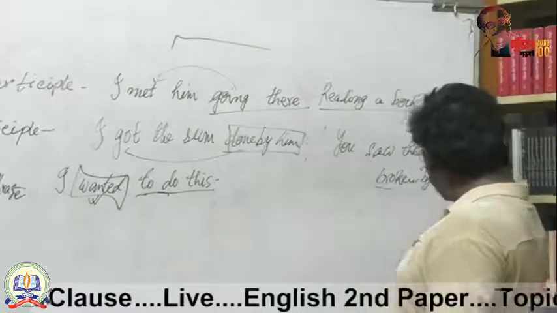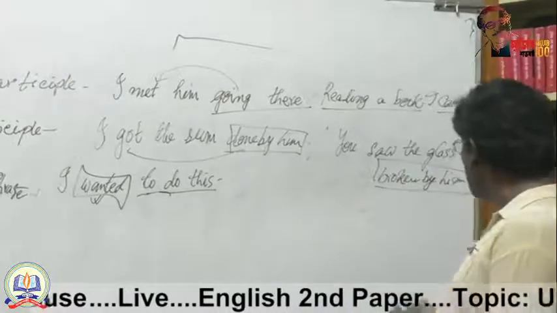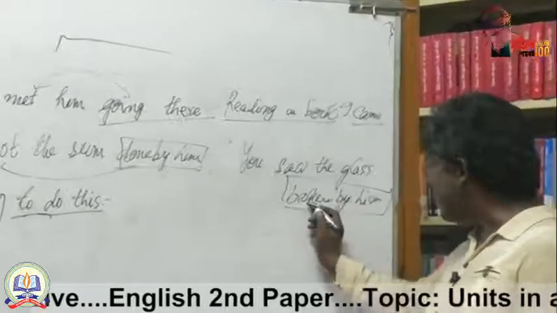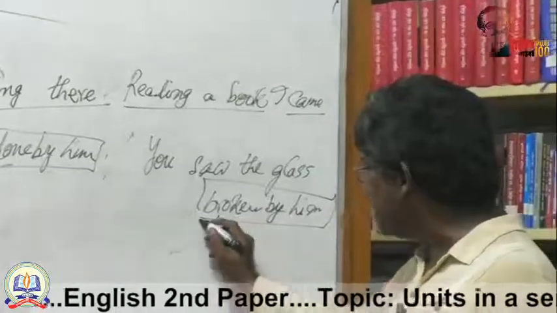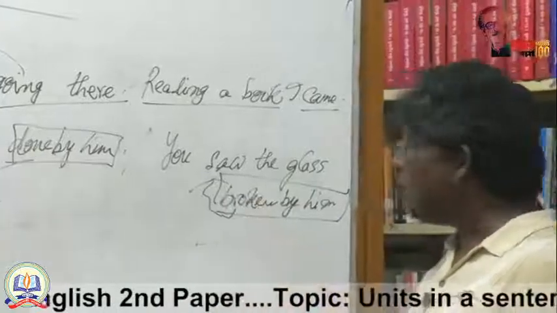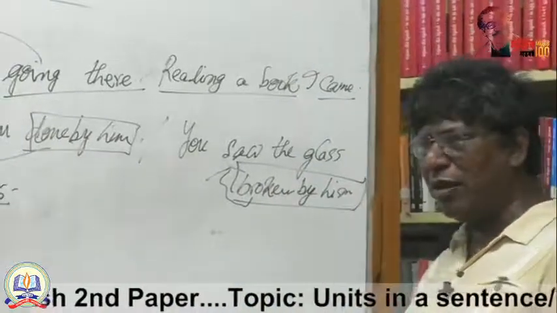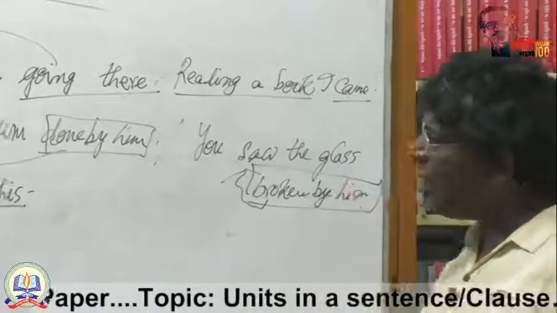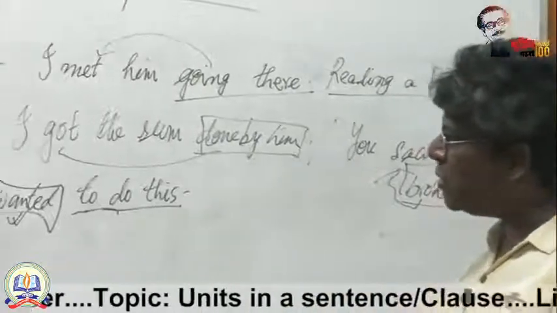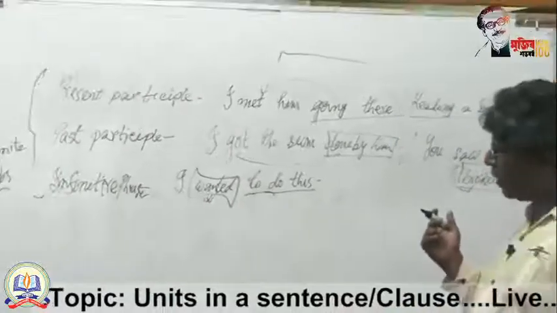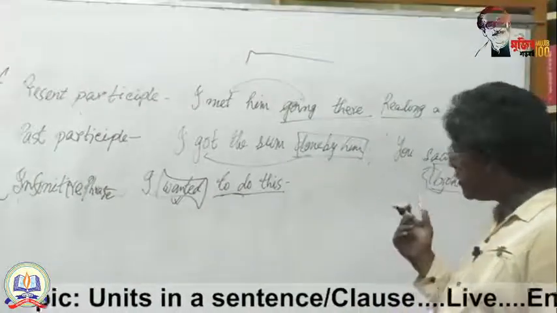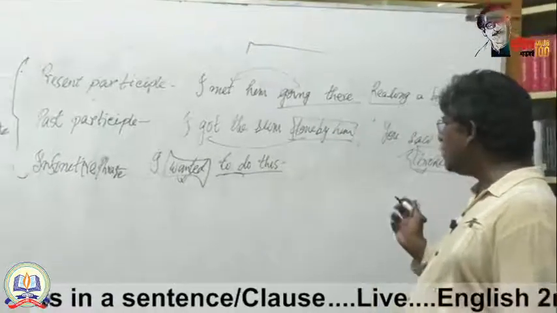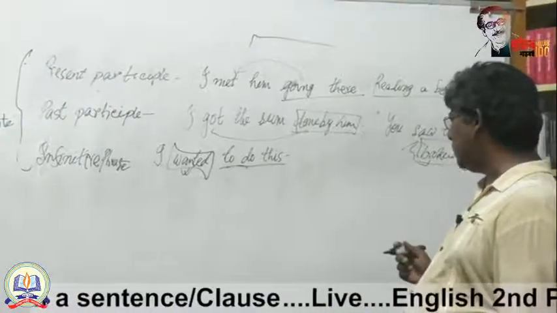We get another past participle, broken by him, as the extension in the sentence, and the verb broken is performed before the performing of the finite verb saw. Then we see the verbs in the present participle form and in the past participle form express an action before the action of the finite verb.